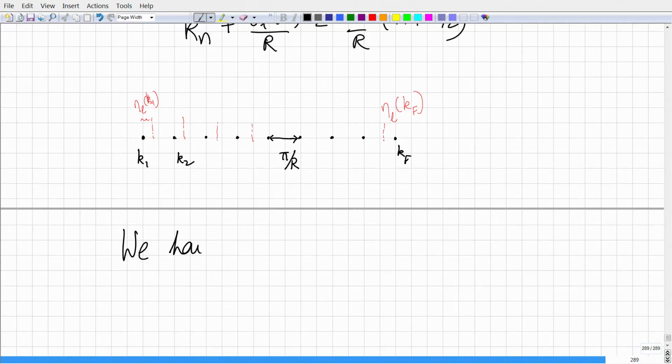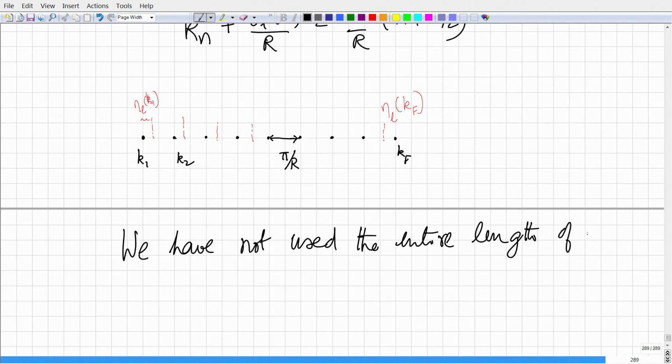So, what it means is the following: we have not used the entire length of the k from K1 to Kf for having the states.